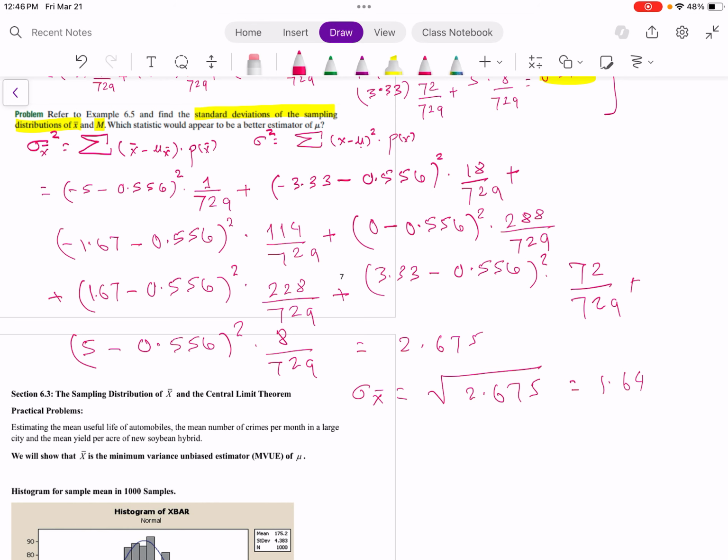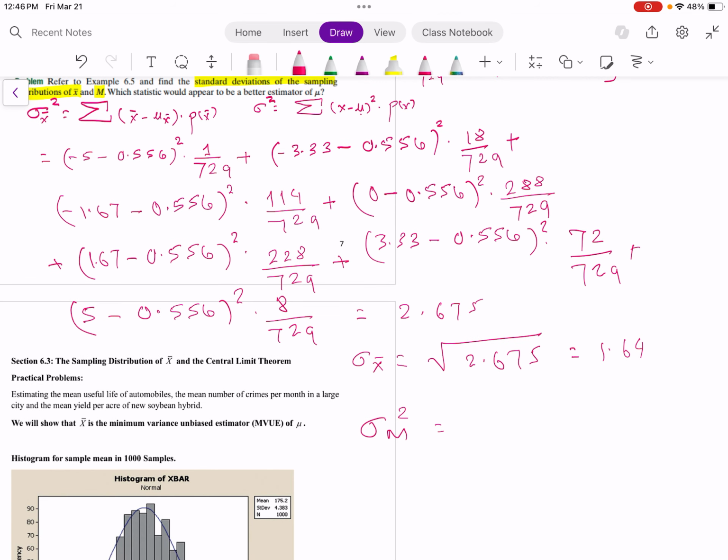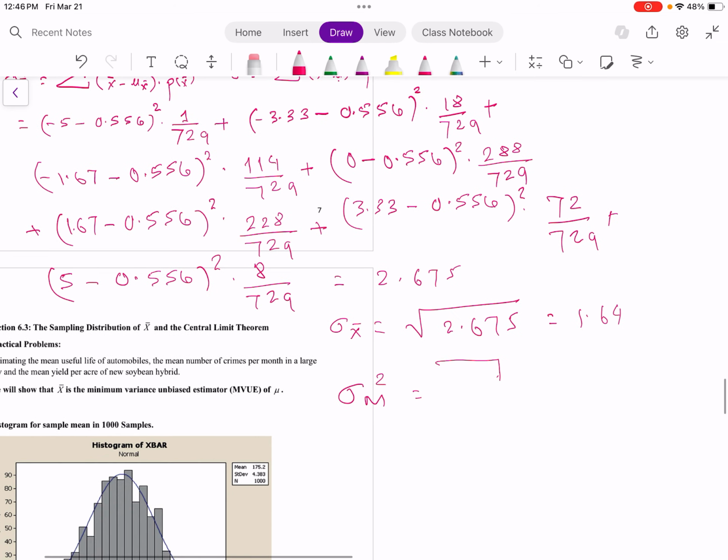Now, in a similar way, I want you to calculate sigma squared of m. Find the variance or the standard deviation for our sampling distribution of median m. Now we find the standard deviation for our third table. I'll just write down the formula for you and I want you to complete it.